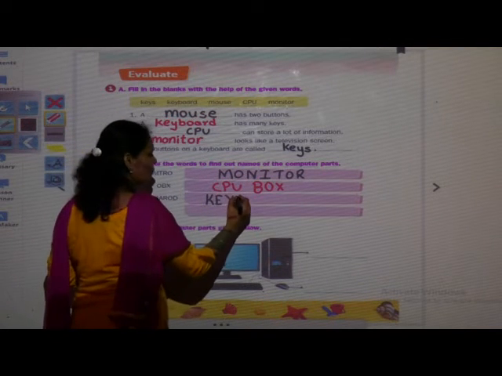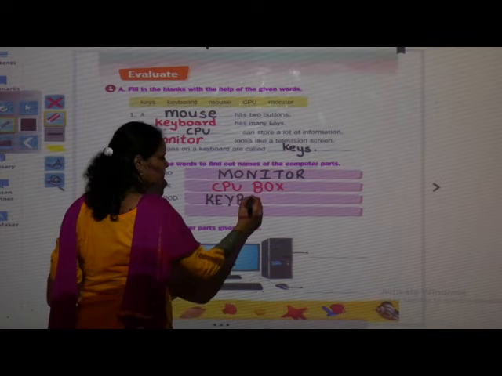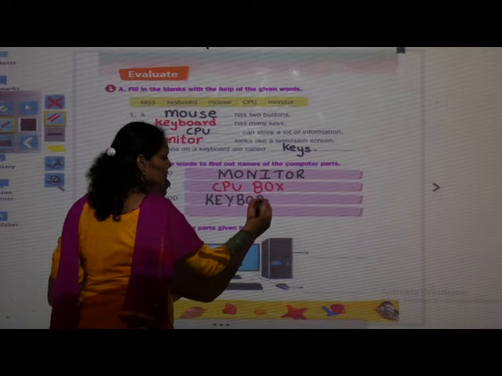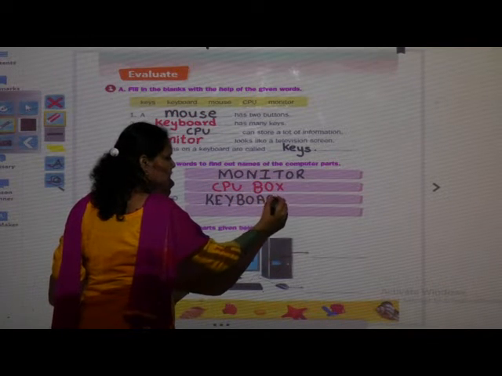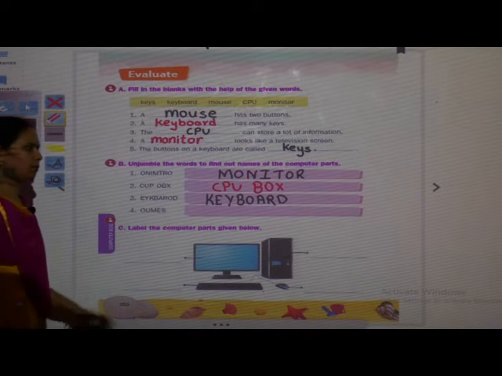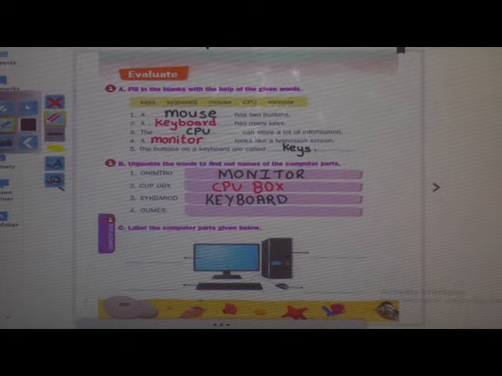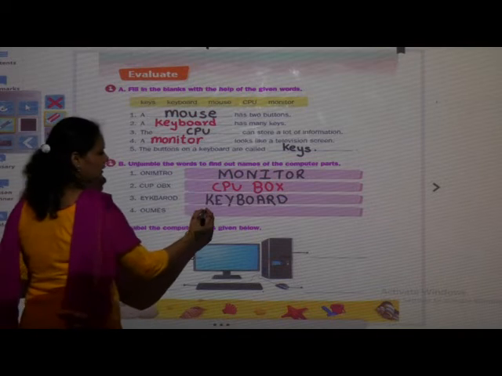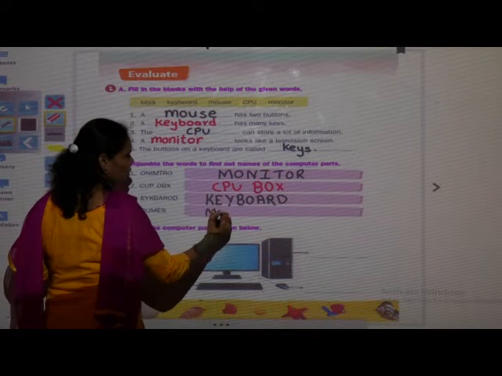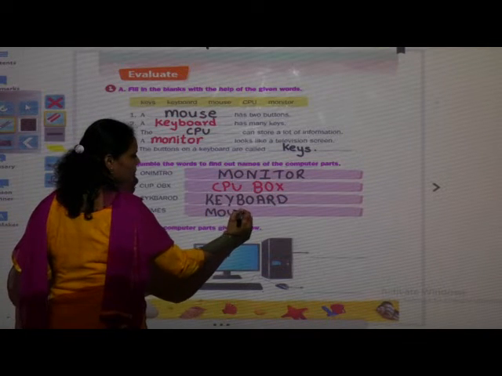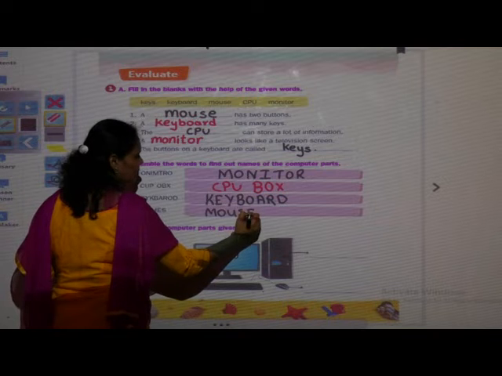And what is the spelling of board? B-O-A-R-D, board, keyboard. K-E-Y-B-O-A-R-D, keyboard. And last is mouse. What is the spelling of mouse? Capital M-O-U-S-E, mouse.